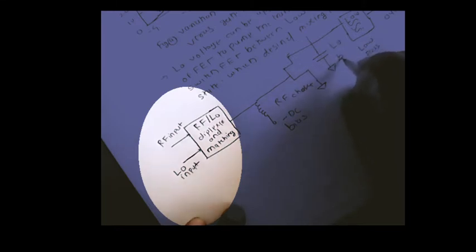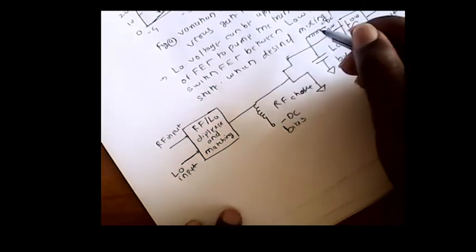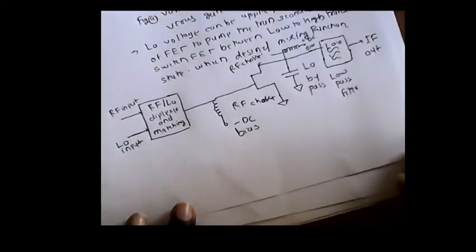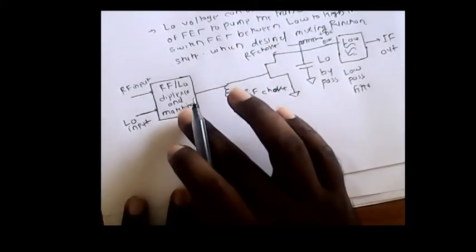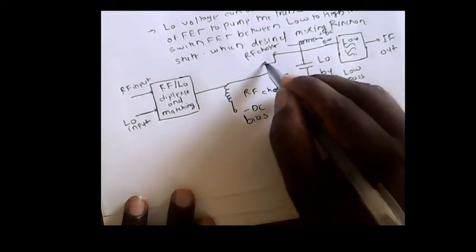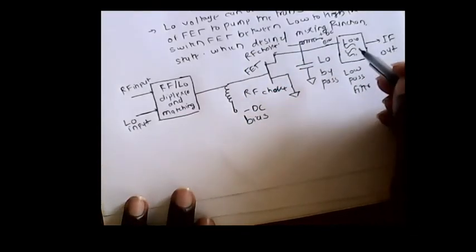LO bypass, plus DC bias. Here again is an RF choke. This element is the RF choke. So this circuit consists of the duplexer and matching network, RF choke, FET, then RF choke and low pass filter.